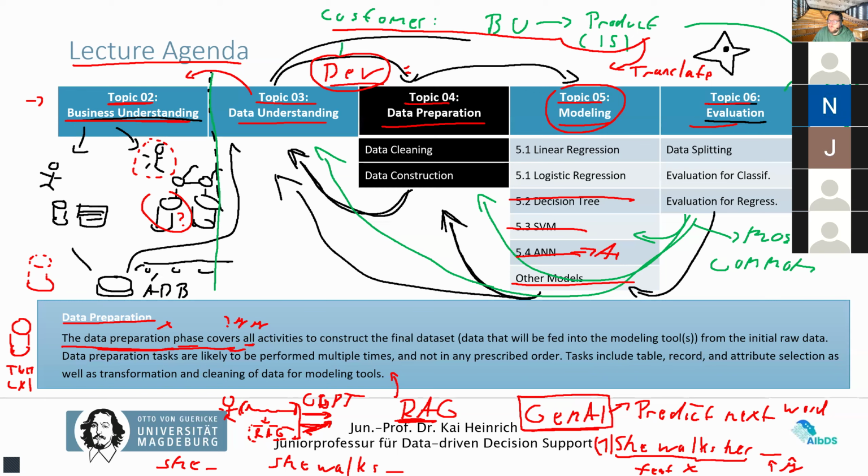But usually the chain of thought is correct, but the answer is still wrong. This is because these models don't really think. They just generate text based on "she walks her dog." This is still the central thing that they do. They predict the next word. They do it very, very well, and it seems like they can actually think and reason, but they cannot, right?